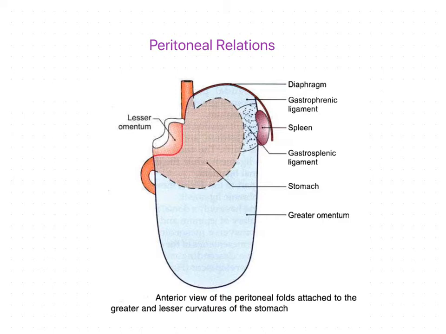Now we will see. The stomach is lined by peritoneum on both of its surfaces. At the lesser curvature, it is attached to the lesser omentum.